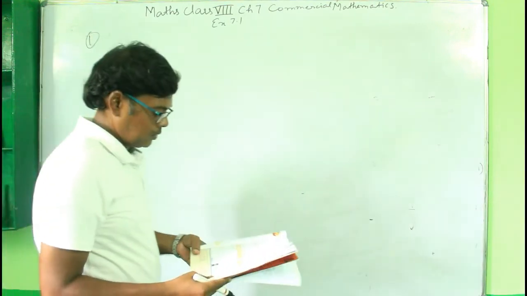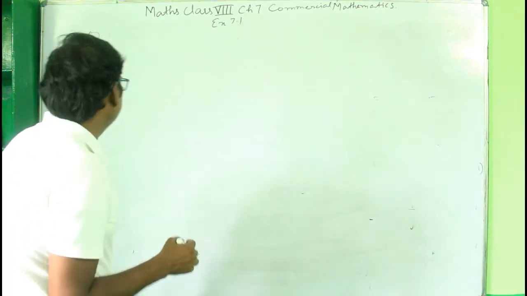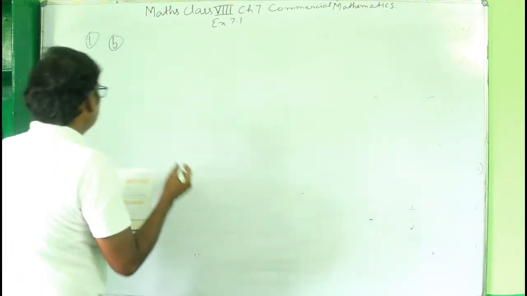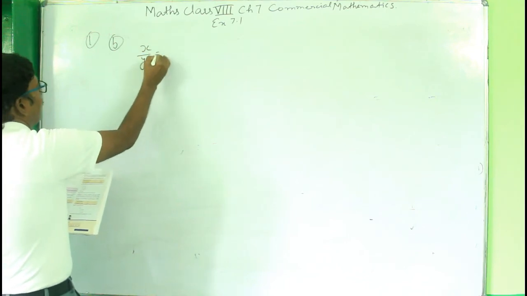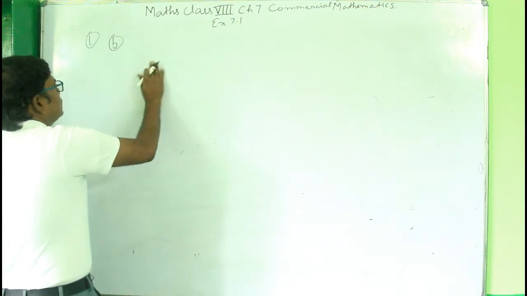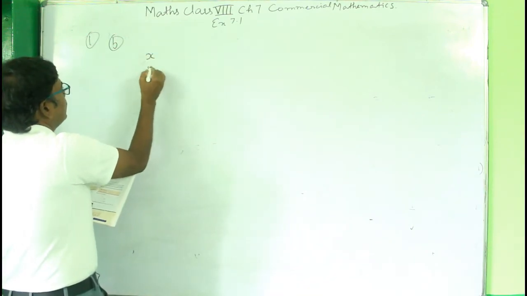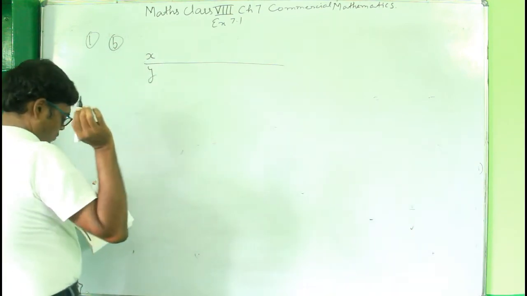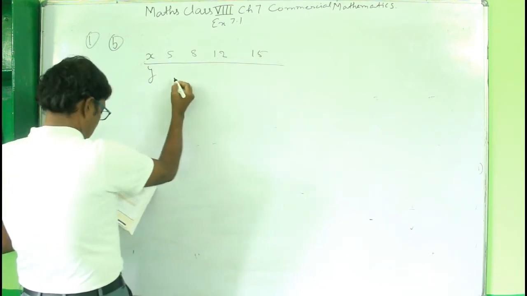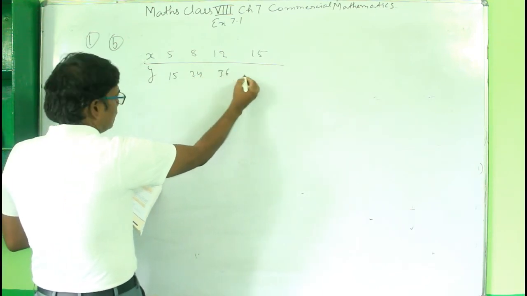In this we have to check, you are given two parts, A and B. Here I will solve B. In question B you are given x and y, so here you will find x by y. x is given as 5, 8, 12 and 15, and y is given as 15, 24, 36 and 45.